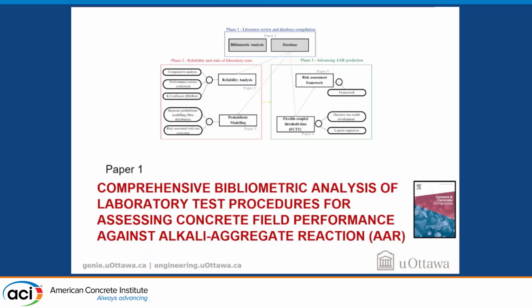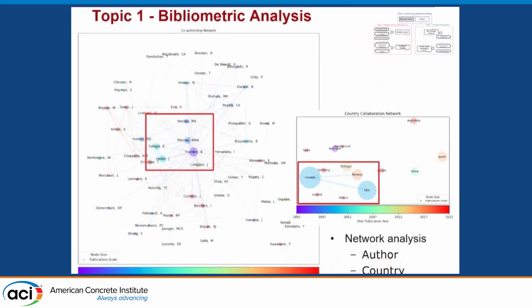In the first paper, we decided to do a bibliometric analysis to see which works were performed worldwide in which we could have accelerated tests and, from the same mixes, data from exposure sites, because without exposure sites, we wouldn't have a control, and we would not be able to compare whether those results were reliable, right? It's very interesting that we noticed quite clearly that Canada and the US have been largely the countries working with alkali-aggregate reaction.